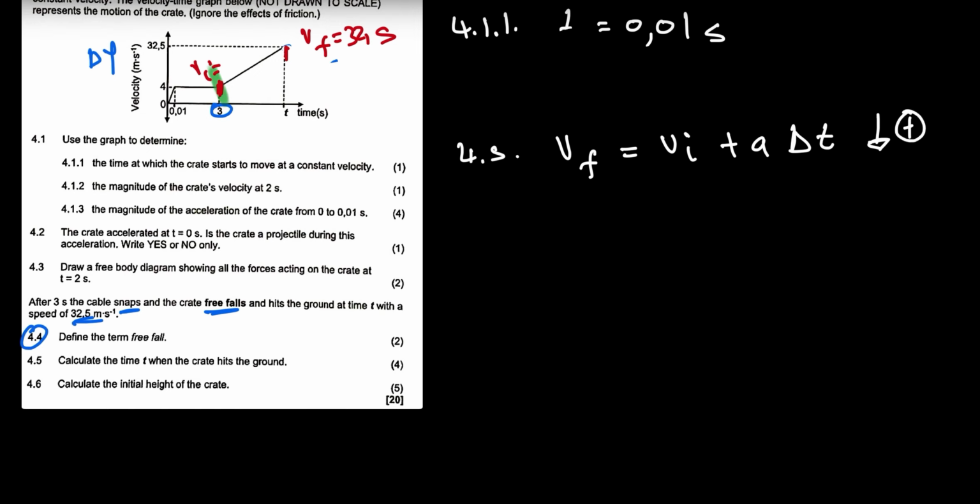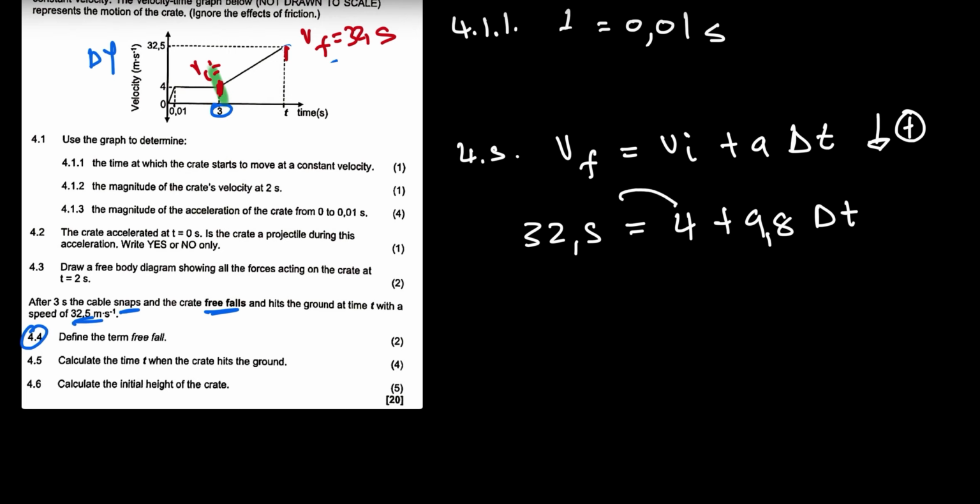So what is the final velocity? It should be 32.5, which is positive because it's going down. Initially, it is also 4 meters per second because it was also going down. The acceleration should also be 9.8 meters per second squared, positive because it's going down. And then this is the change in time.